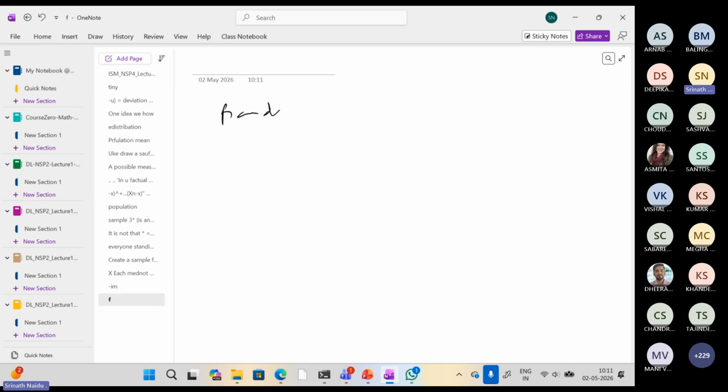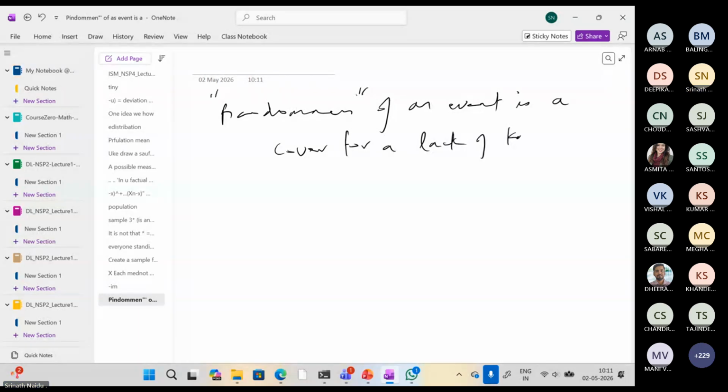The randomness of an event is a cover for a lack of knowledge of the event.